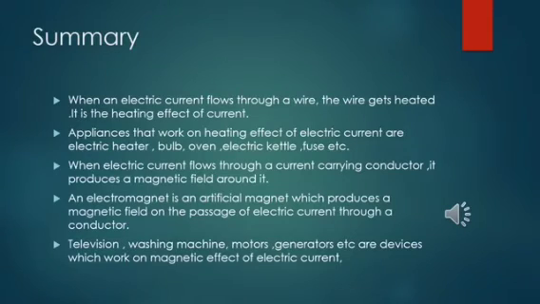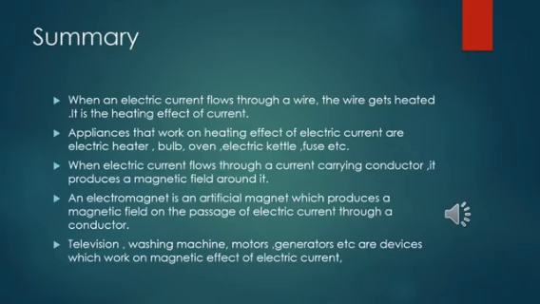Now let us summarize the important points. When an electric current flows through a wire, the wire gets heated. It is the heating effect of current. Appliances that work on heating effect of electric current are electric heater, bulb, oven, electric kettle, fuse, etc. When electric current flows through a current carrying conductor, it produces a magnetic field around it.